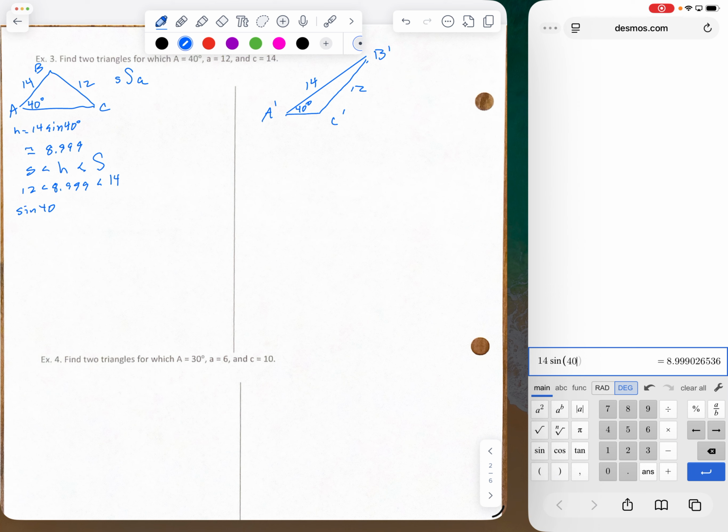So if I take 180 minus that value, then I'm getting 131.41665 degrees. And that's what goes right up here.